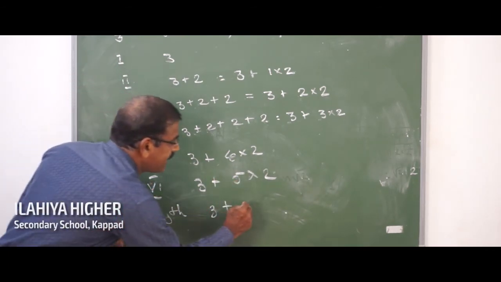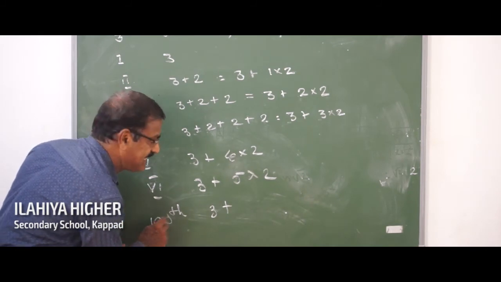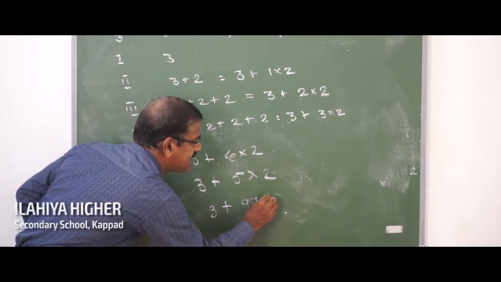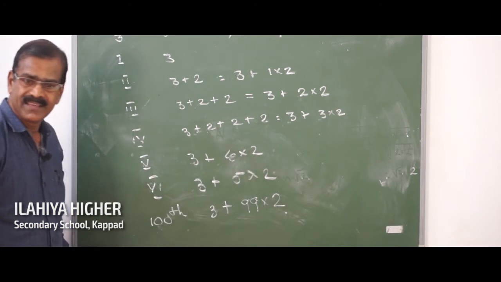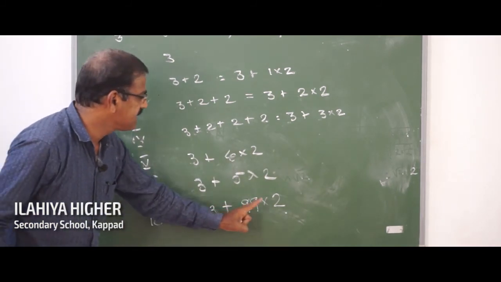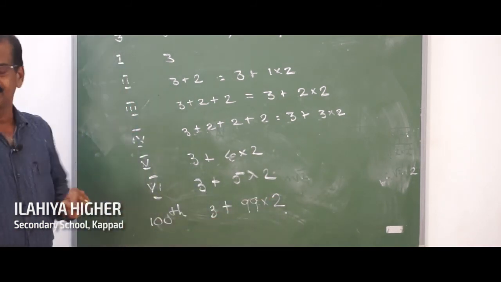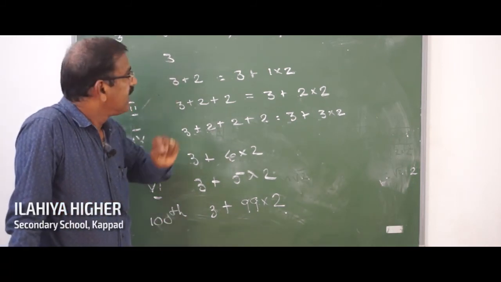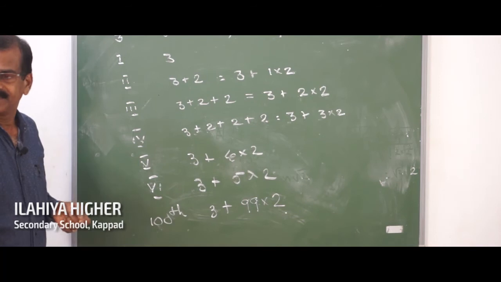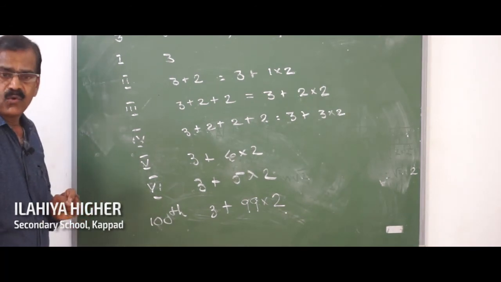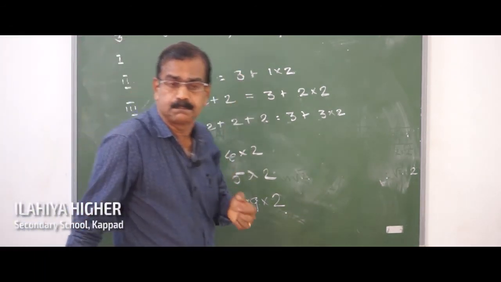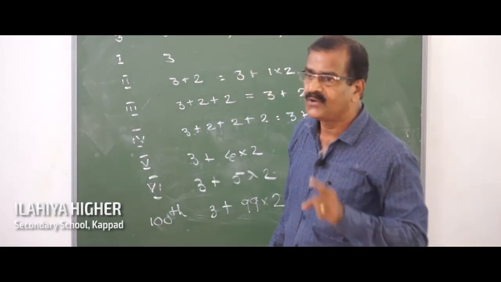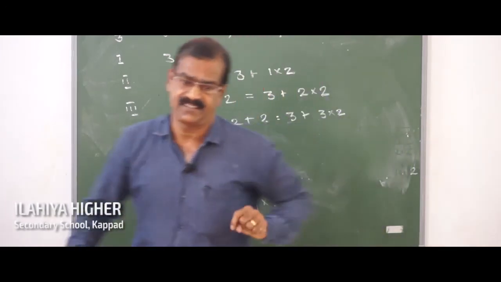So for the 100th, 1 less than 100, that is 99 times 2. That is 3 plus 99 into 2. That much sticks are needed to make the 100th. From this we can make an algebraic expression for the nth one.